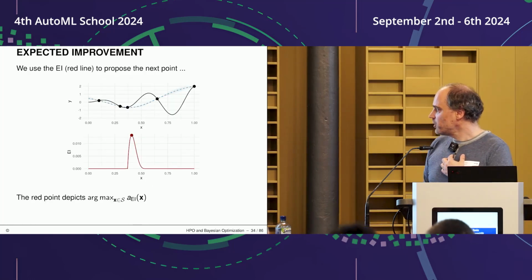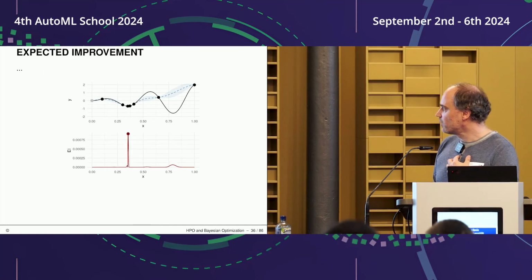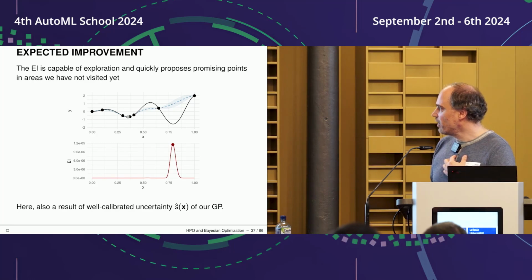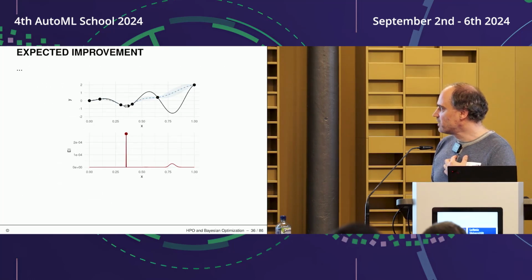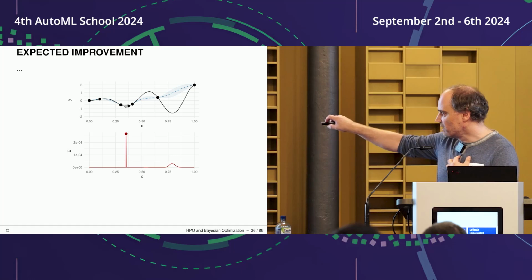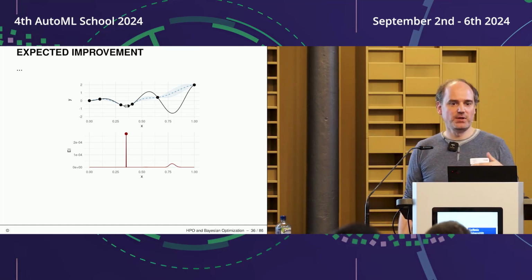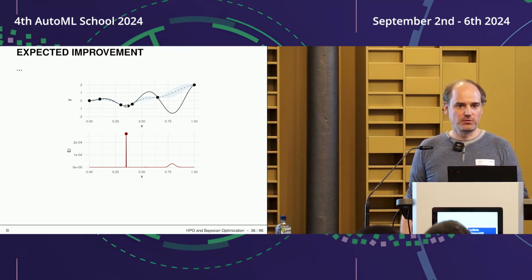Here's another little animation where you can see how this works. You get this usual behavior of doing some local exploitation, maybe even evaluating at the boundaries, and then getting more activity at other points. And you usually get these bumps of activity here at points that look interesting and that are very far away from everything you have evaluated before.